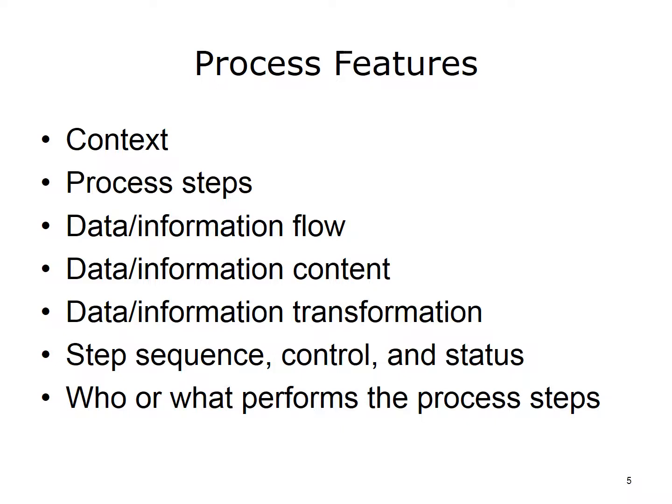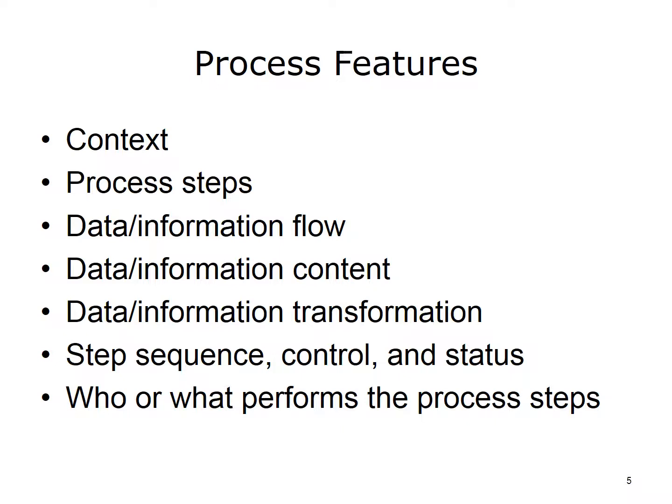The 6 important process aspects are context, process steps, information flow, information content, information transformation, sequence, and other control, who or what role performs the step. Unfortunately, the words used to describe the process aspects have different connotations and even meanings in different disciplines.